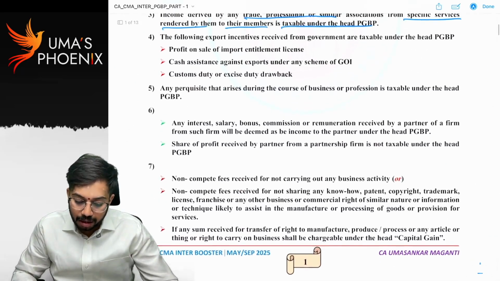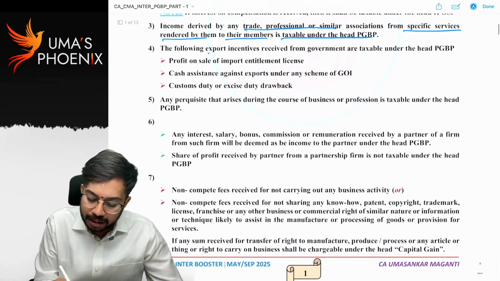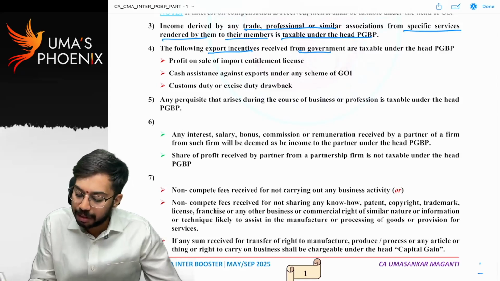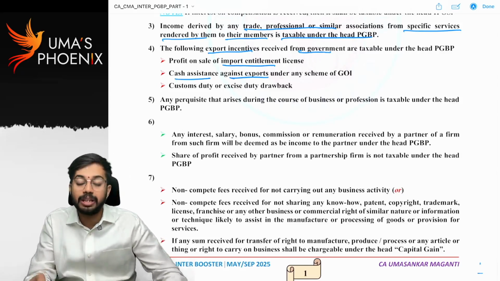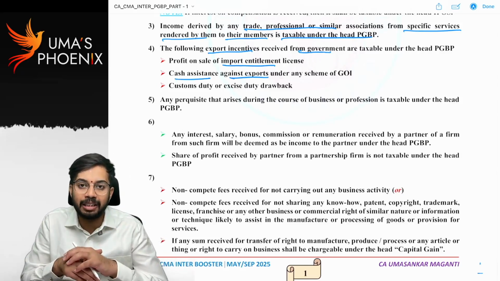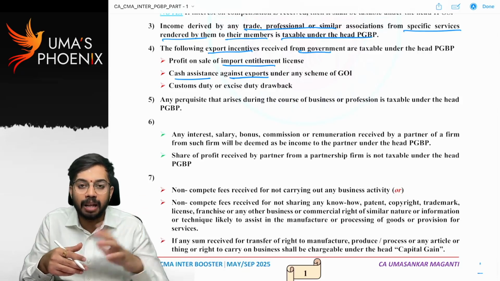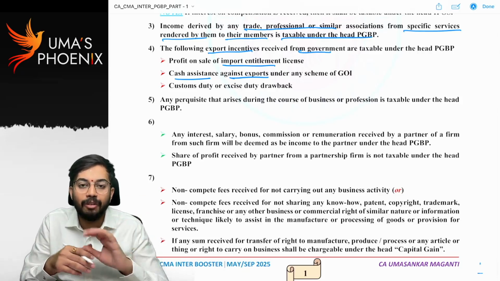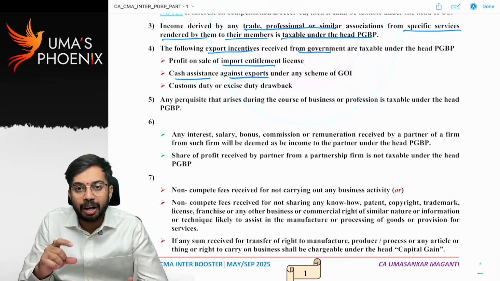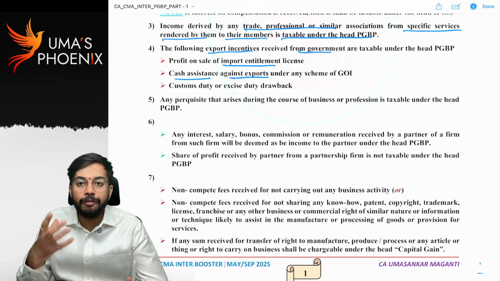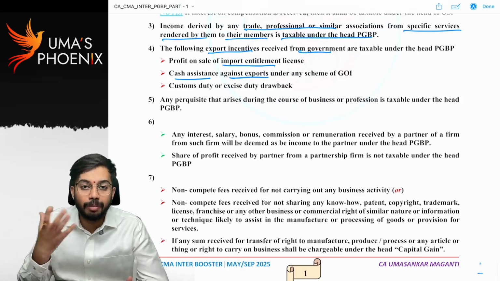Next. The following export incentives from the government are taxable under the head PGBP. Profit on sale of import entitlement license, cash assistance against exports. Sometimes the government gives cash assistance. If I do 10 crore rupees turnover, 5 lakh rupees cash reward will be given to me. That means the cash reward is directly linked to exports. If you do more exports, you are going to get more cash reward.